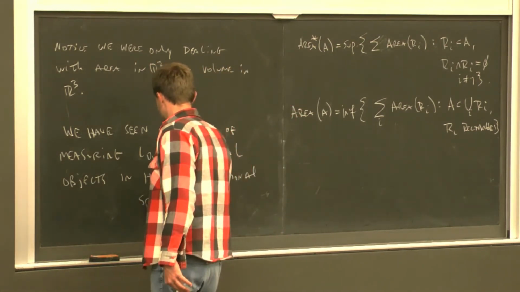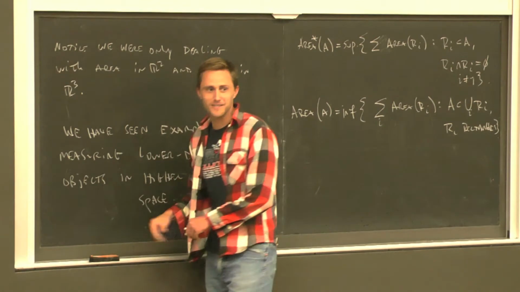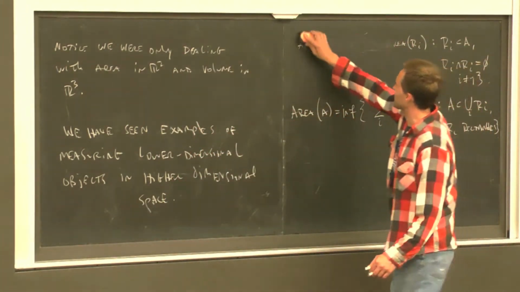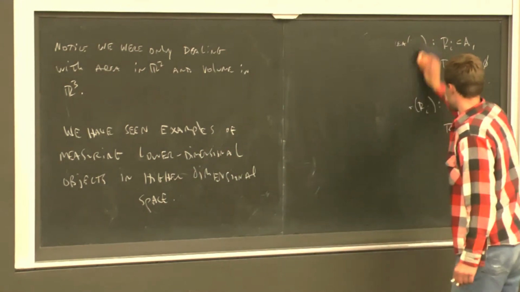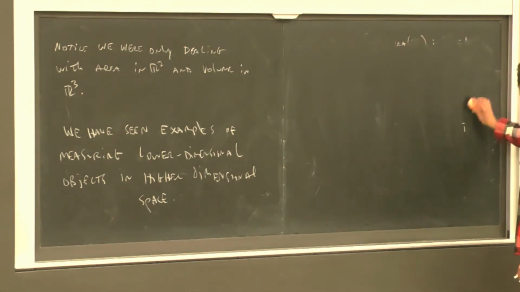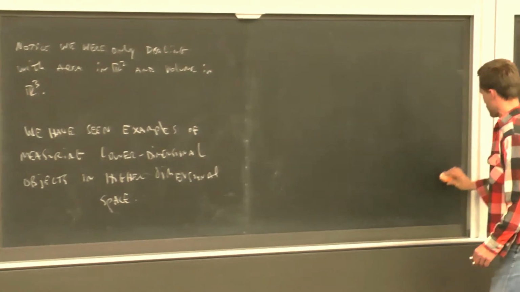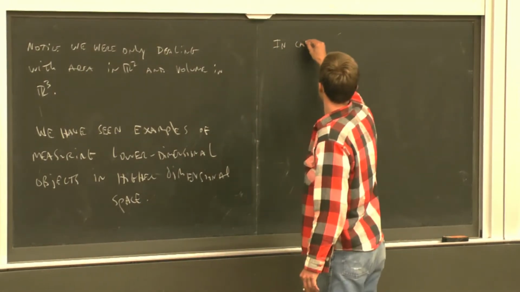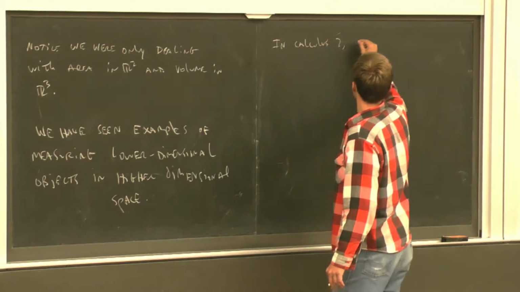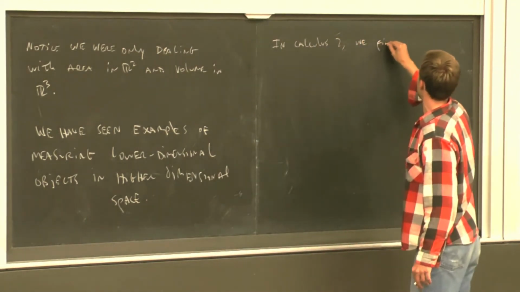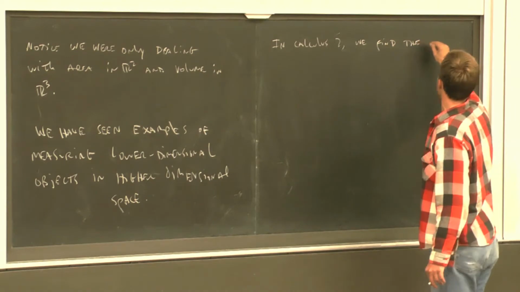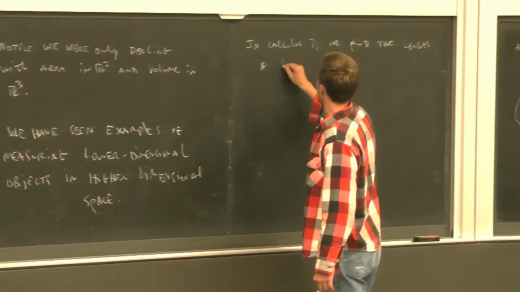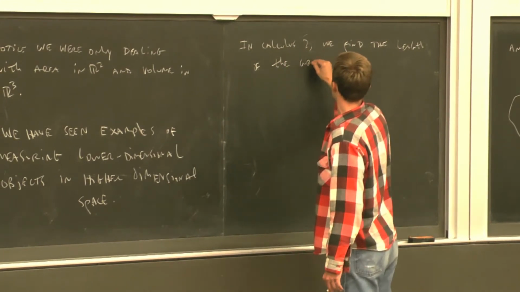Does anybody want to volunteer the answer that I'm looking for? I won't accept answers that I'm not looking for. Arc length. Arc length, very good, right? Exactly, arc length. So in calculus 2, I guess, we find the length of the curve.